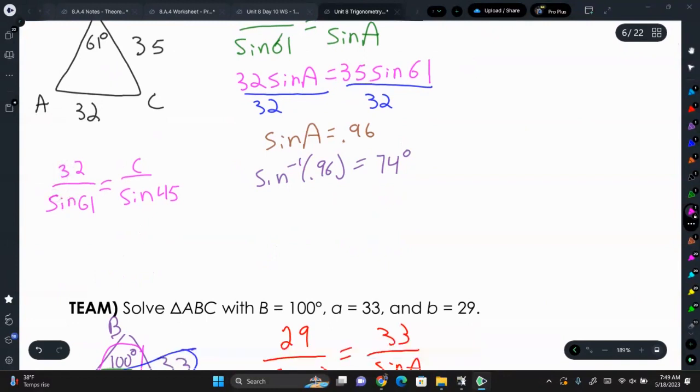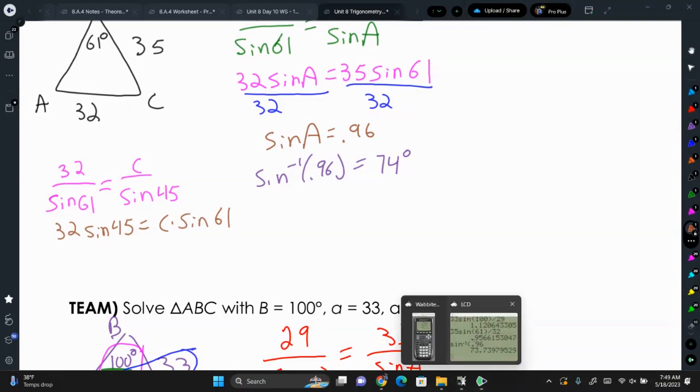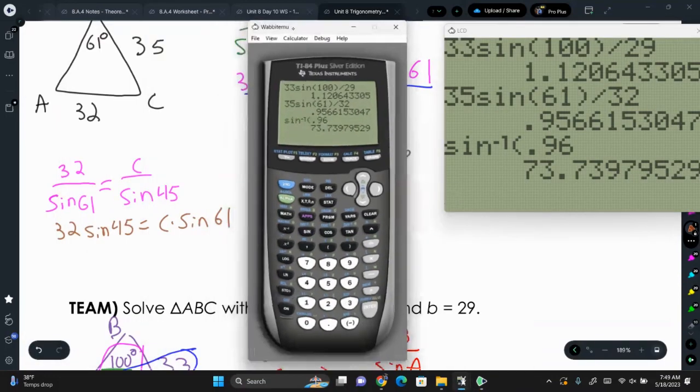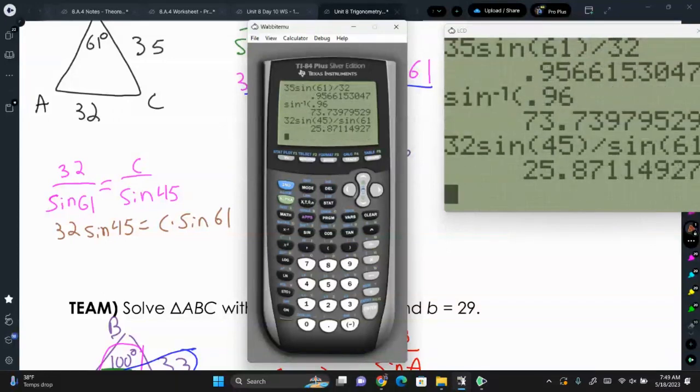Okay, so then we'll cross multiply. 32 times the sine of 45 equals C times the sine of 61. Divide both sides by the sine of 61. So 32 times the sine of 45 divided by sine of 61. We get 25.87.